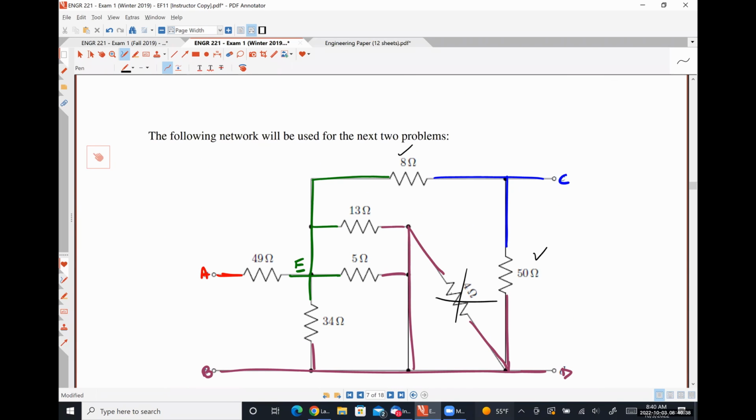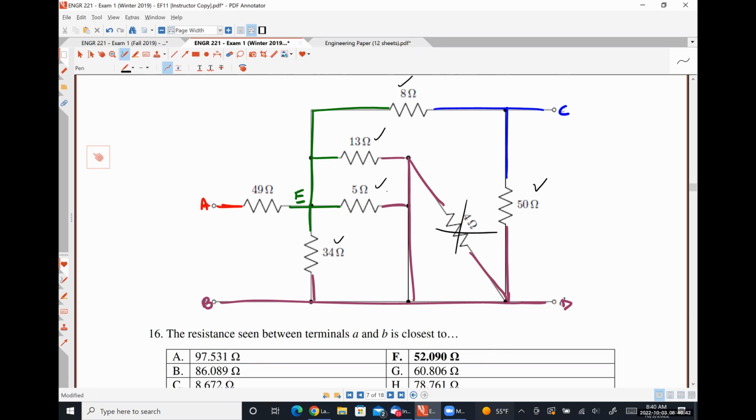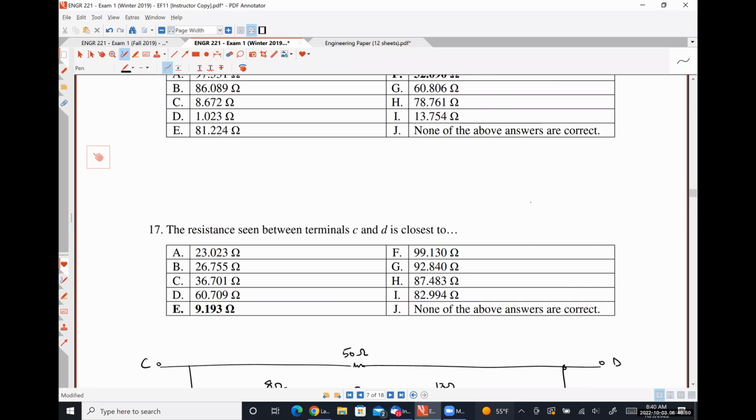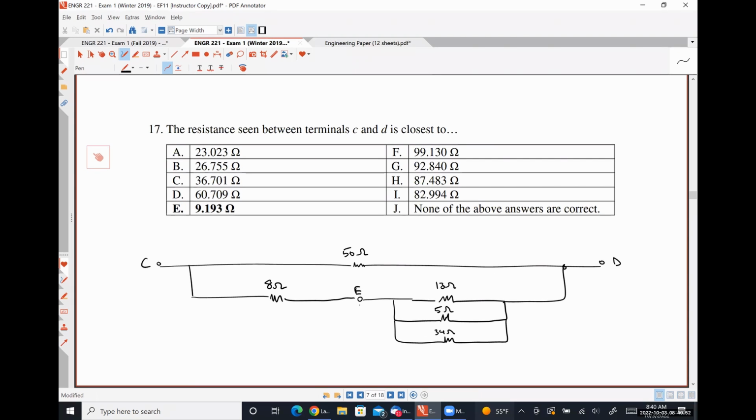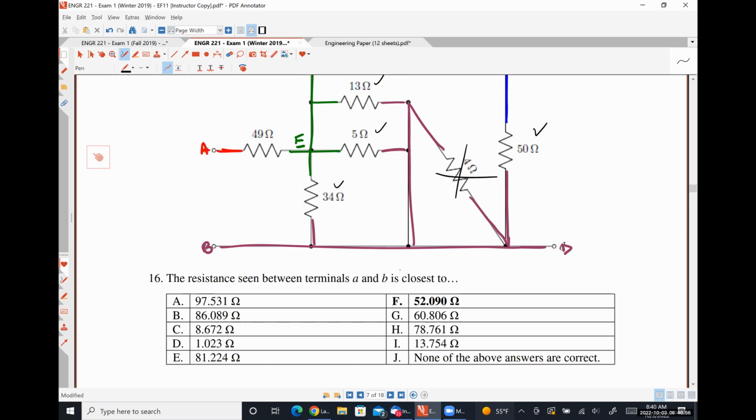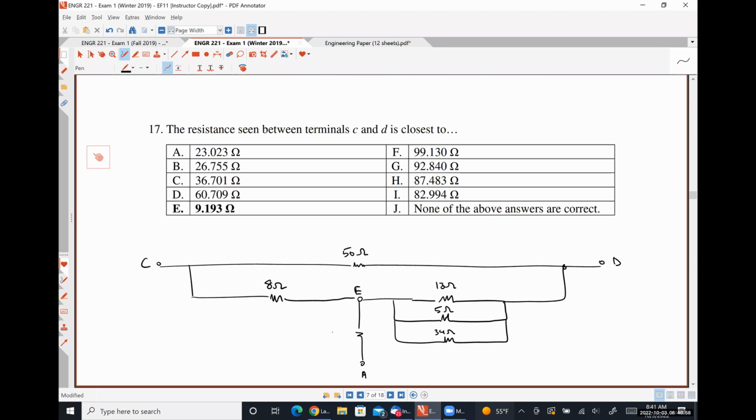Taking care of this guy, and this guy. And the 49 ohm resistor isn't part of a closed current carrying path here effectively, so it's not going to show up either. Or if I really wanted to, I could just say E to A is that 49 ohm resistor, but it still wouldn't actually contribute anything. And then I'd math it up.